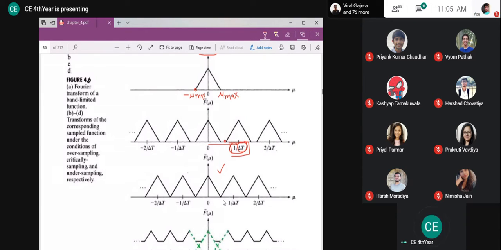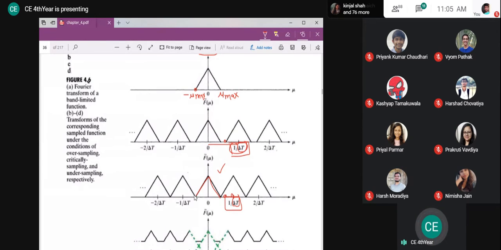What will happen if I further increase delta t, and so further reduce 1 by delta t? This should get repeated at 1 by delta t, but 1 by delta t is not this far now. It is even smaller, so somewhere here it will be.